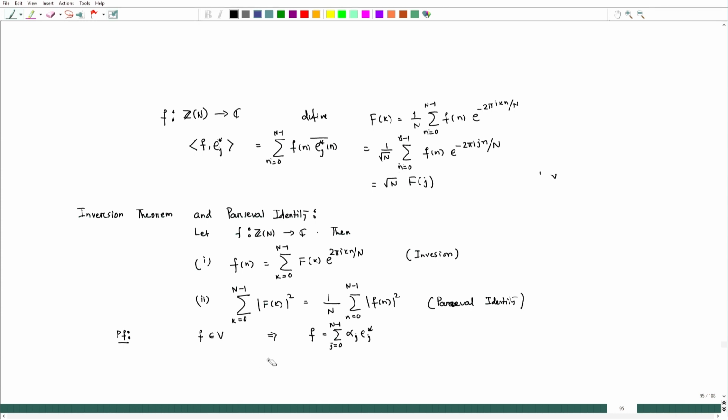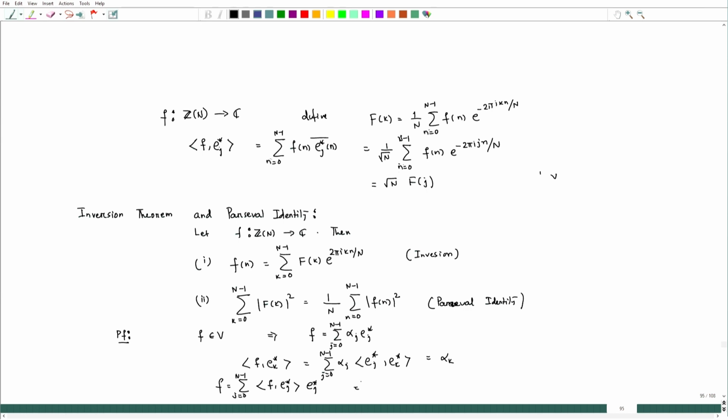So, now if I take the inner product of f with E k star, then this is going to be summation over j from 0 to n minus 1 of alpha j E j star E k star, this is equal to alpha k. So, therefore, f is equal to summation over j from 0 to n minus 1 of inner product of f and E j star times E j star.